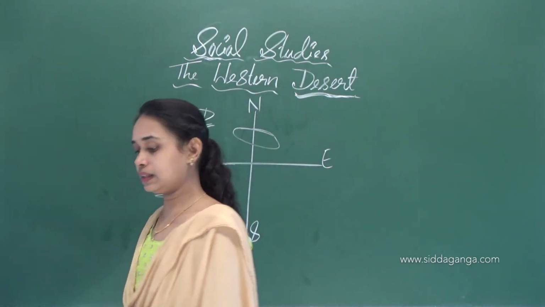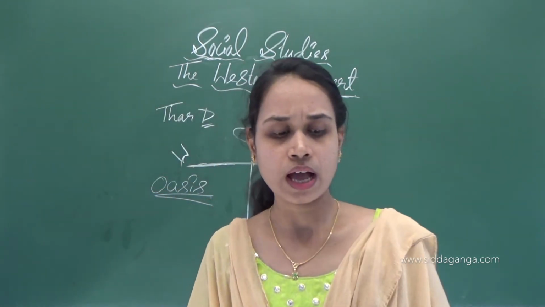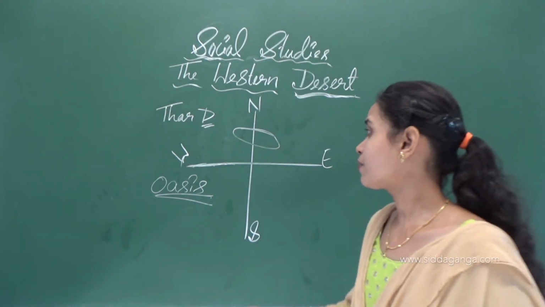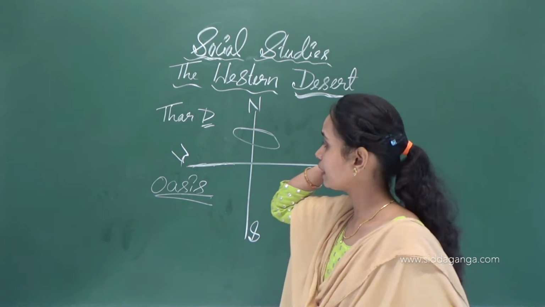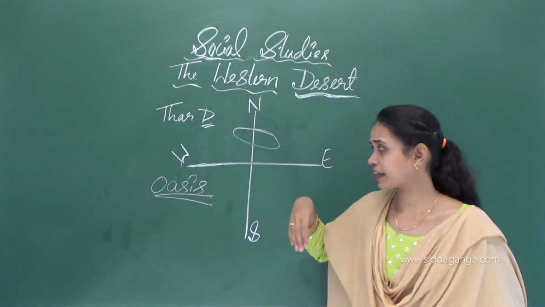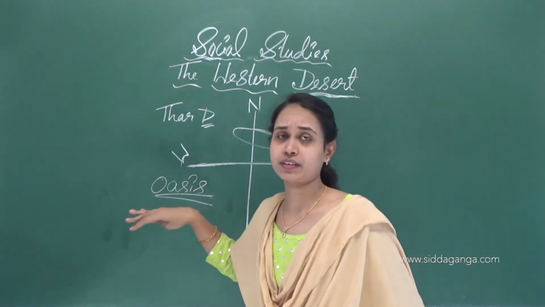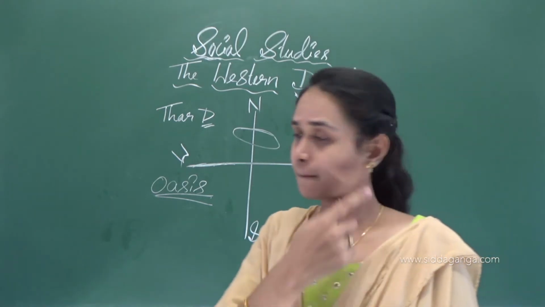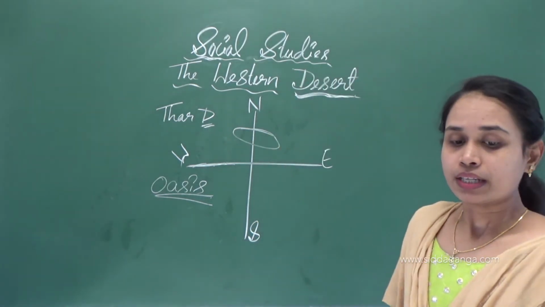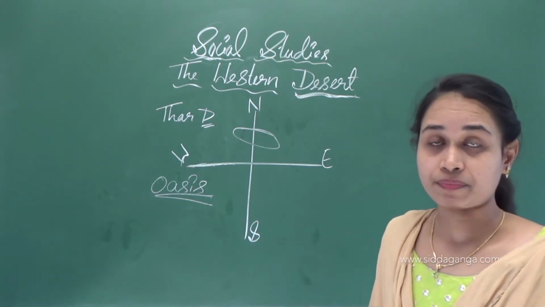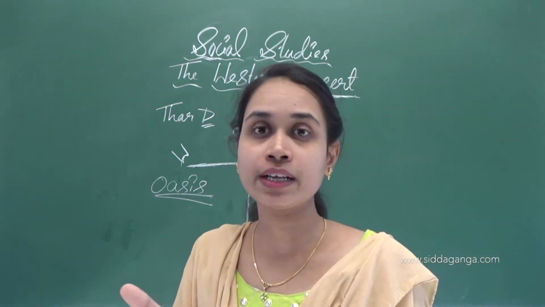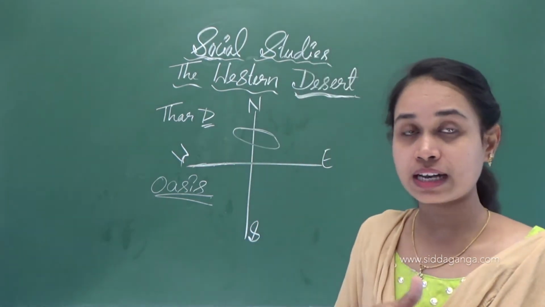Water is very important to us for domestic use, and here they get little water. The state government of Rajasthan is trying to provide water. I already said this in the previous class.